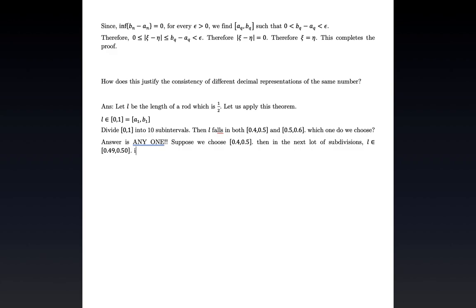In the next lot of subdivision, L falls in 0.4999 to 0.500, right?